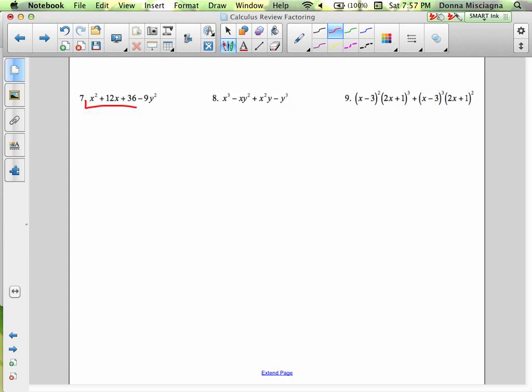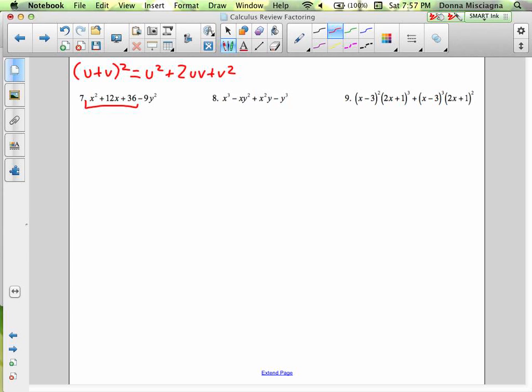in the last video. This is a perfect square. Right? It follows that pattern, right? So you would have u squared plus 2uv plus v squared, right?